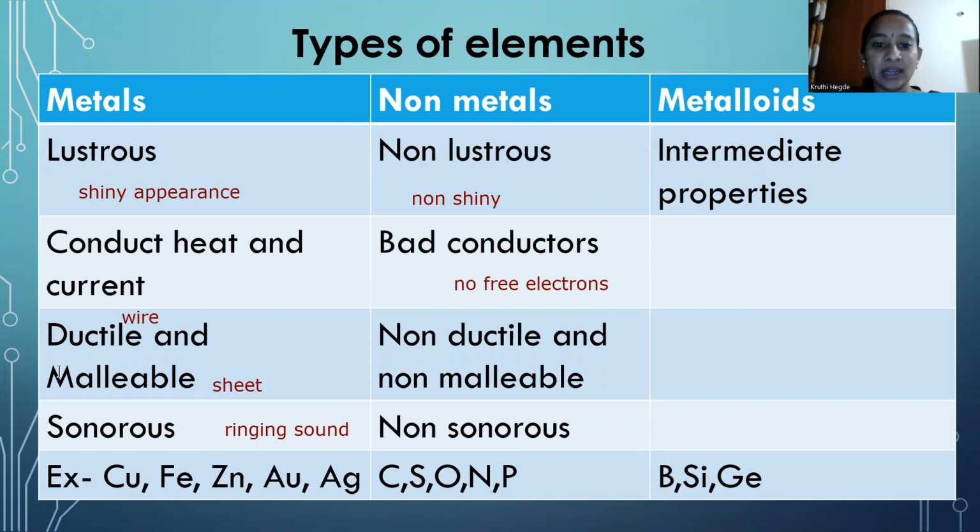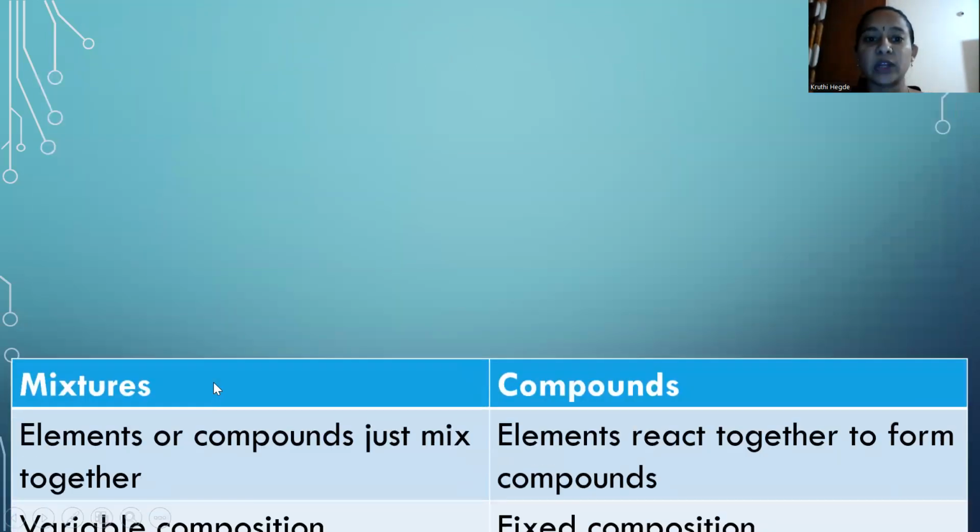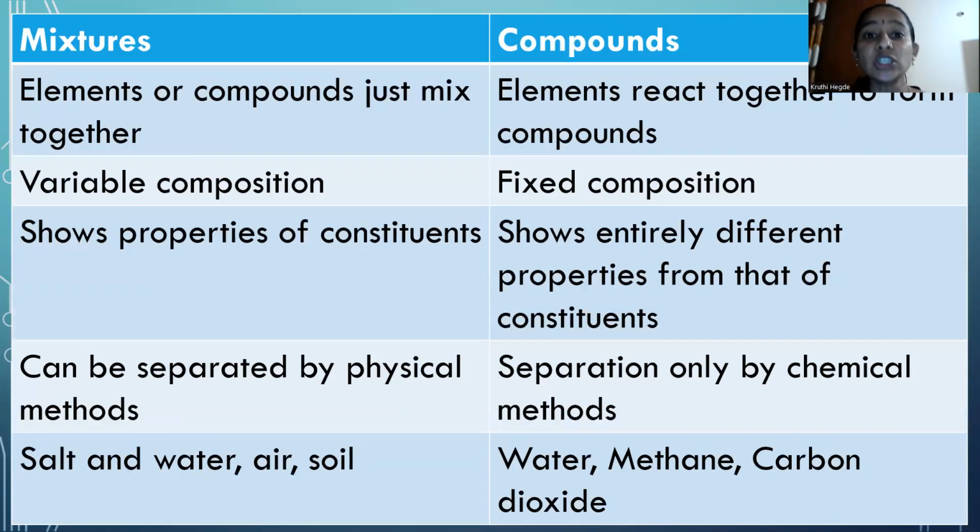Got it, children? So I'll move ahead to discuss the difference between compounds and mixtures. Mixtures do not have fixed composition as compounds do. Here, elements or compounds just mix with each other. They are physically combined.